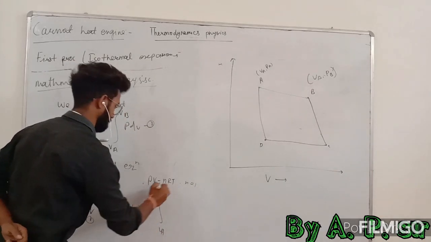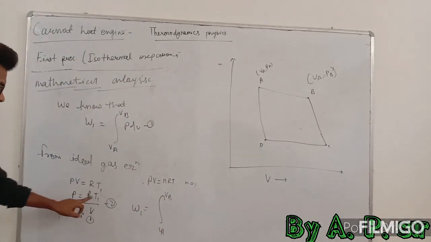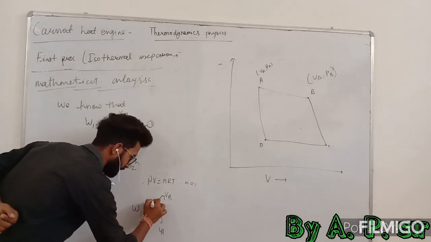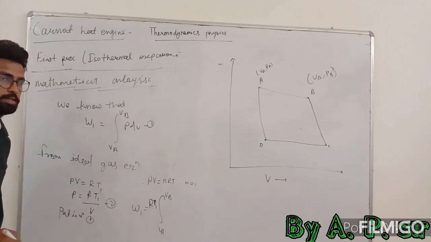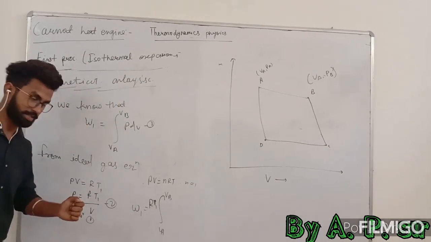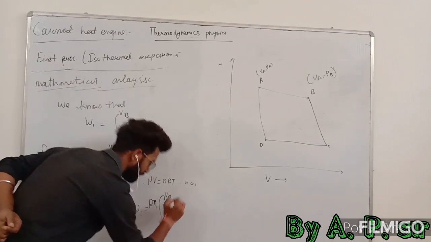the integral from VA to VB of RT1 upon V dV. RT1 is constant, so it comes outside, and inside is 1 upon V dV.